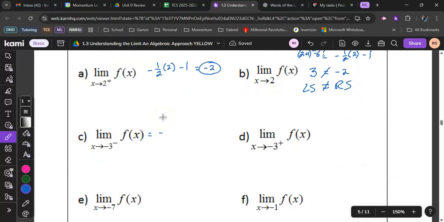So this is going to be -3 minus 5. No, minus -5. Minus -5, sorry. Minus -5. Because it was originally -5, so it's minus -5. Equals 2.